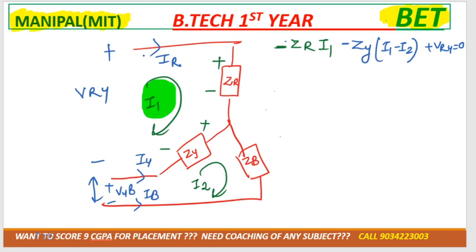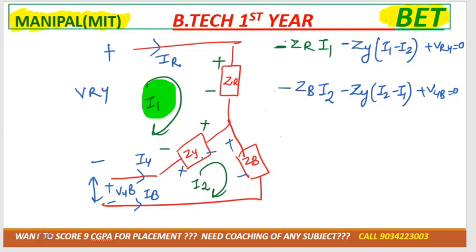After this, we need to get the equation for the second mesh: minus ZB I2 minus ZY (I2 minus I1) plus VYB is equal to 0. Correct? Do you know about the mesh analysis? Plus minus plus minus.